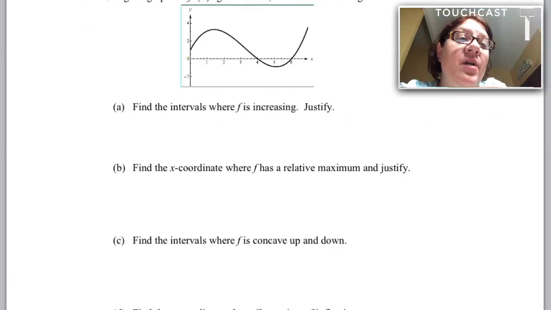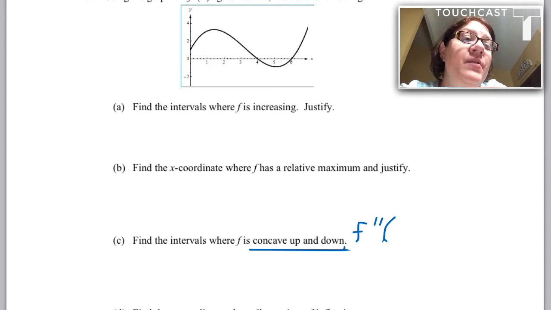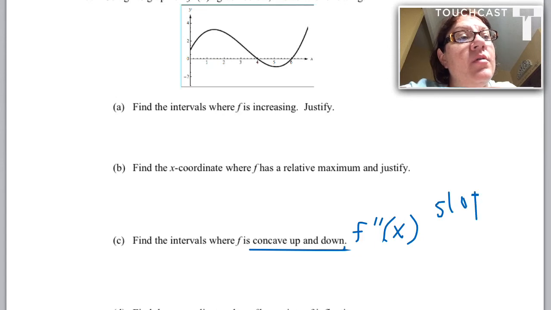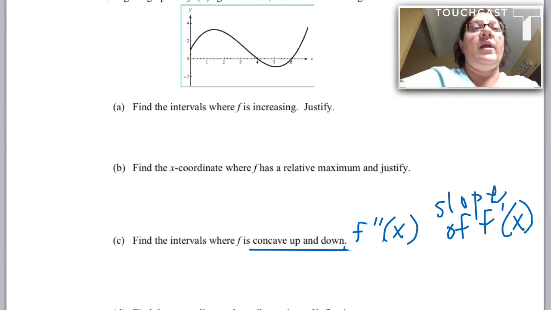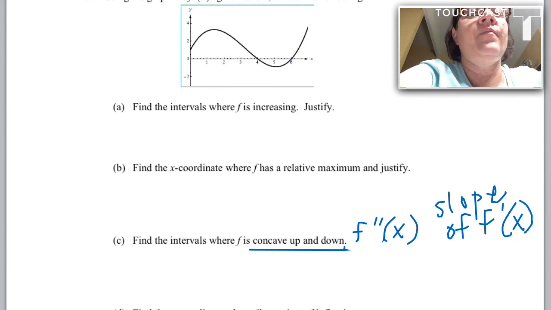Okay, so now when it starts talking about concavity, I want to look at f double prime, but that means I want the slope of the first derivative, right? The slope of the slopes. So when I look up here, I go, oh, first the slope is positive, and then it maxes out.